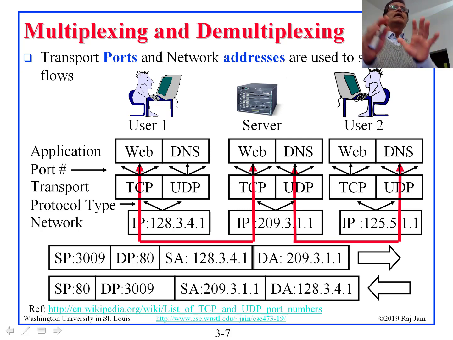There is no mix-up because IP keeps the computers apart and TCP keeps the applications apart. Okay. You see how the multiplexing and demultiplexing is done? Multiplexing is many people coming in and demultiplexing is getting out.